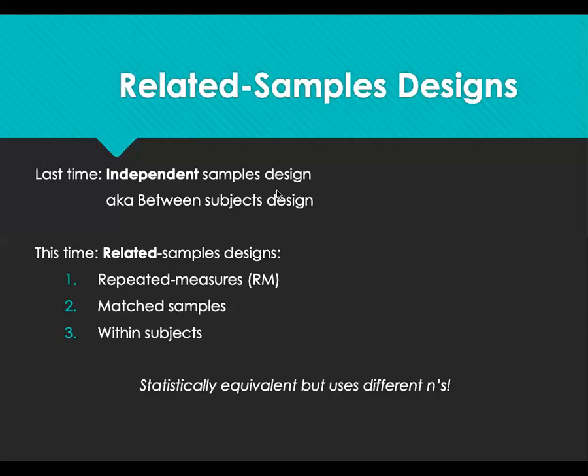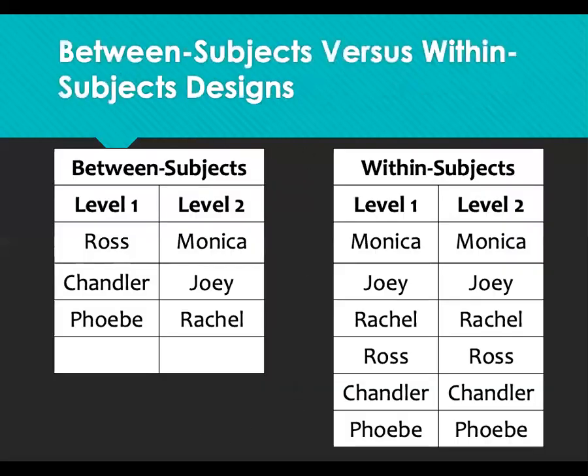I'm going to show you the same table that I showed you in Chapter 10 to refresh your memory on the difference between these two. A between subjects or independent samples design would have 2 completely separate, different, independent samples.